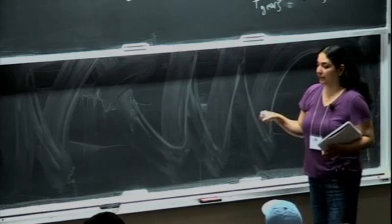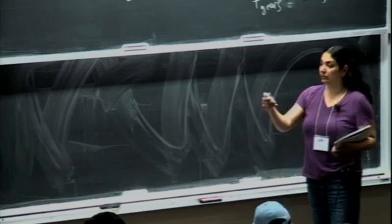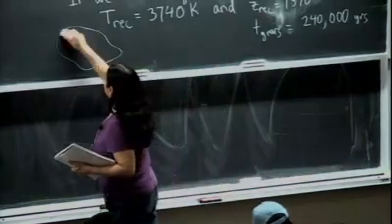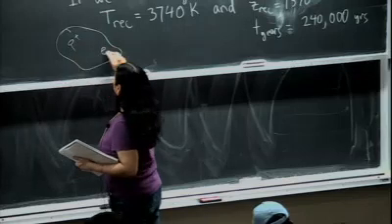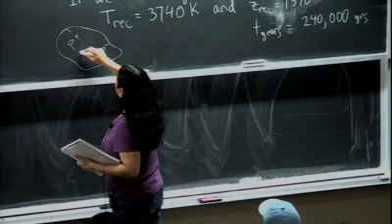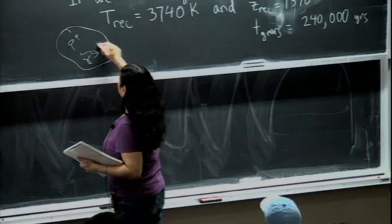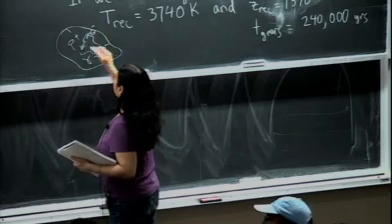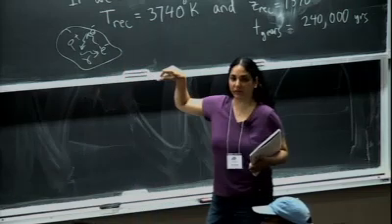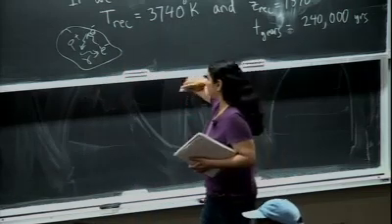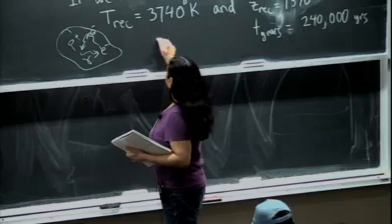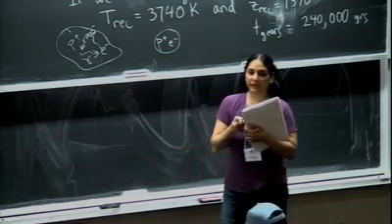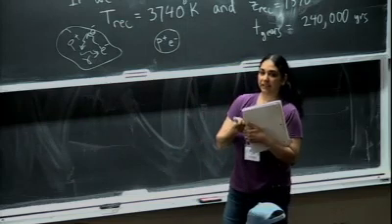Imagine you had this whole soup of free protons and free electrons, and every time a photon tried to move in any direction, it was scattered back by an electron, and then it hit another electron and was scattered back, and it had a super tiny mean free path. Okay?